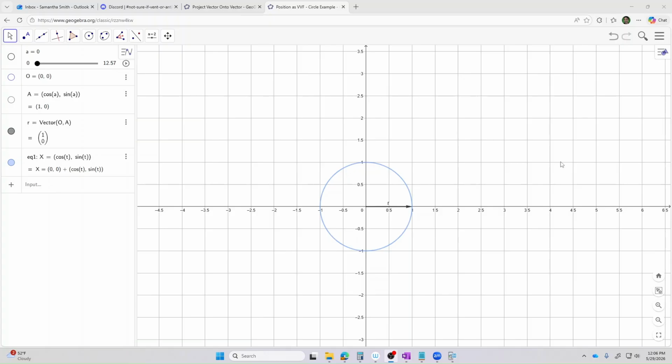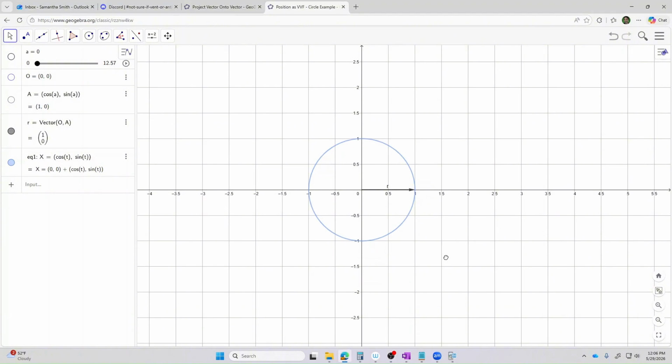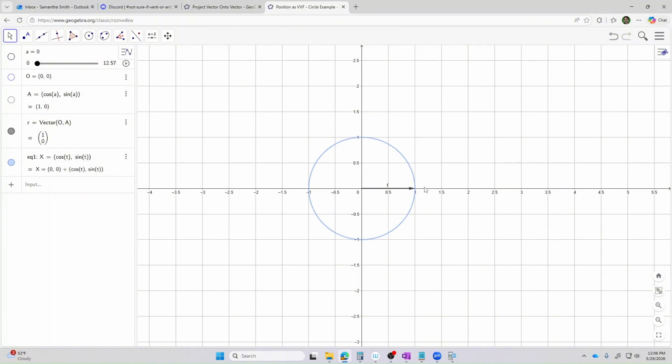So once again, we can visualize the situation on GeoGebra. Here in black is a vector that's pointing from the origin to the object's current position. And as time goes along, we see that vector pointing to different locations on this circle of radius 1.